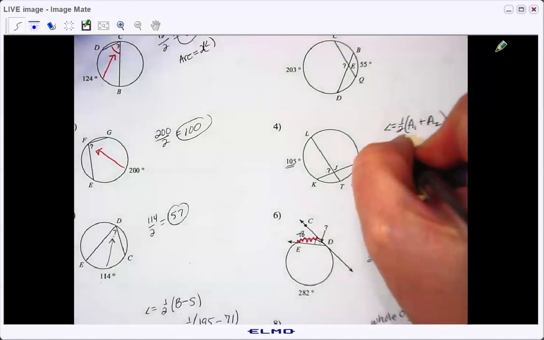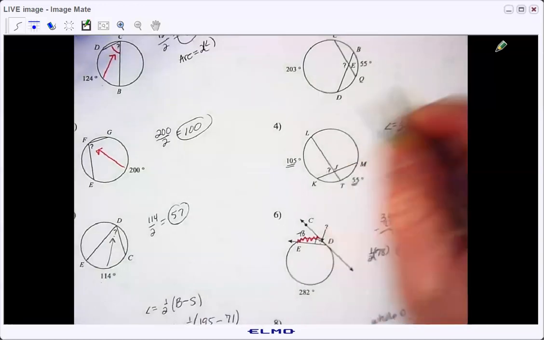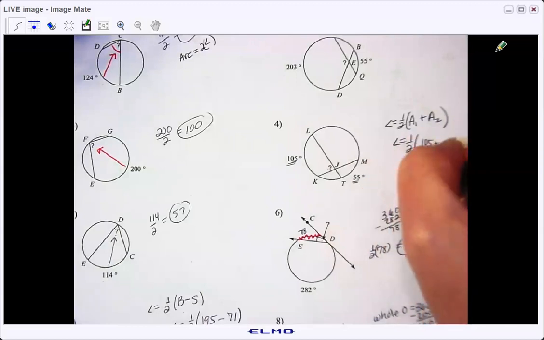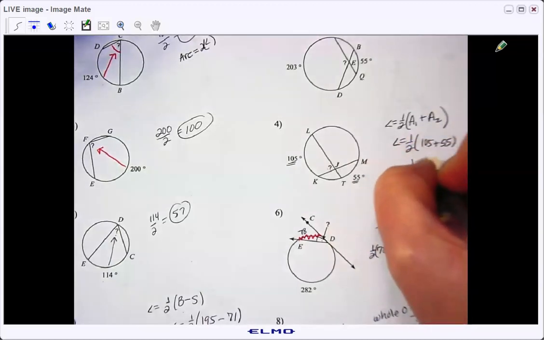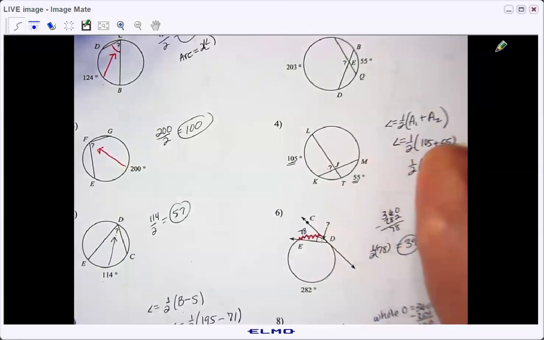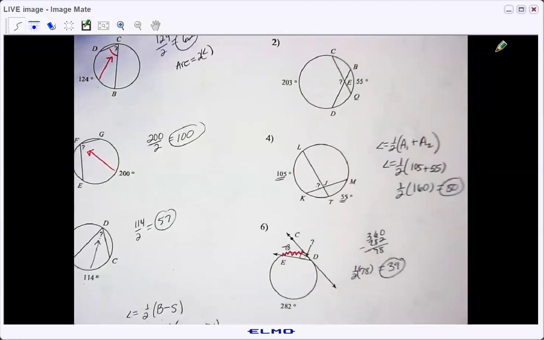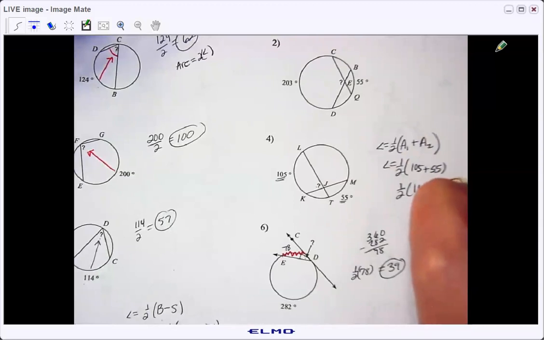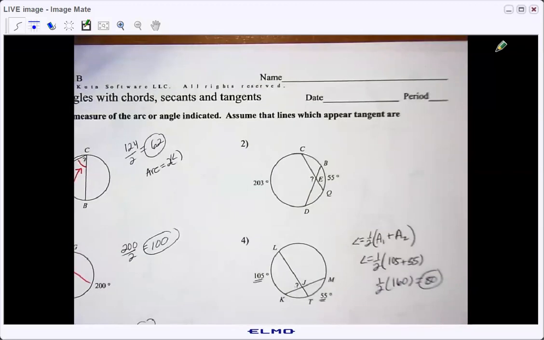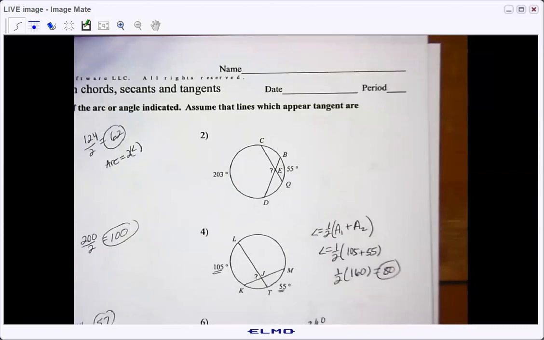Okay. So our angle is equal to 1/2 arc 1, which is 105, plus arc 2, 55. So 1/2 of 160 is equal to 80. Go ahead and try number 2. Make sure that you're adding and not subtracting, and put your answer in the chat box. Good.